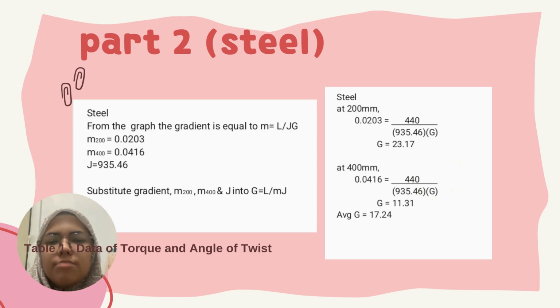The same steps go for the steel bar. We can use the gradient equal to L over JG, substitute the value, and we get 1.05 times 10 to the power of 9 Newton per meter square. And the same goes for 400 millimeter.